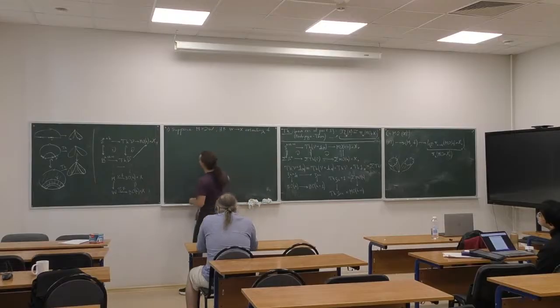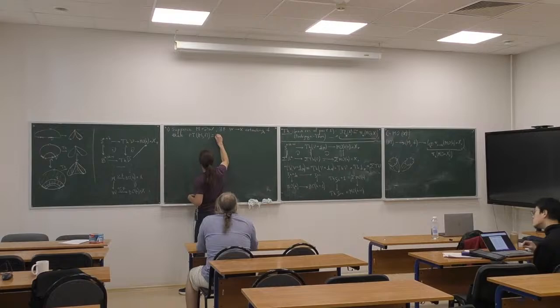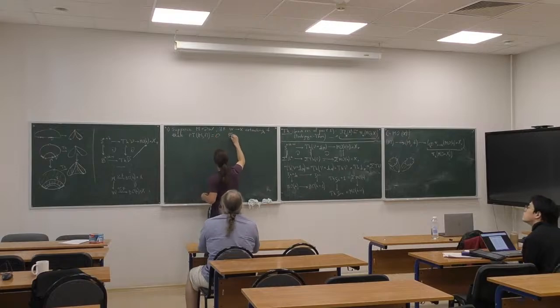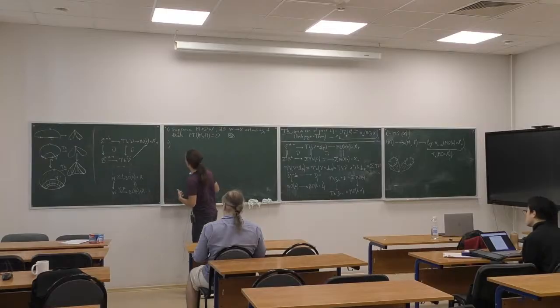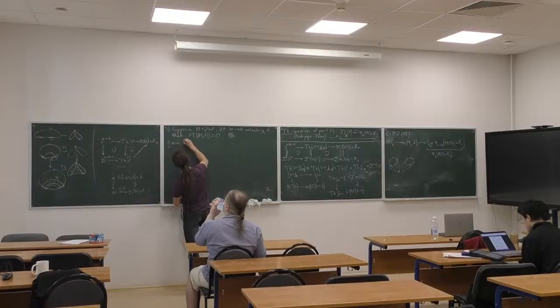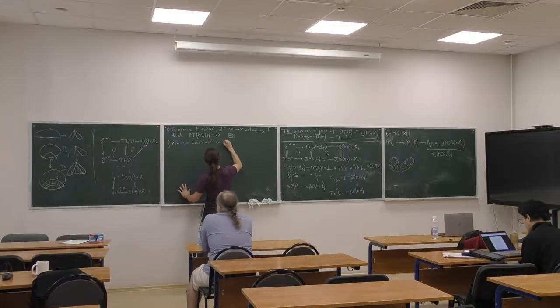So, extending F, the Pontryagin-Thom map of M is 0. So this thing we proved. And now, how to construct an inverse?